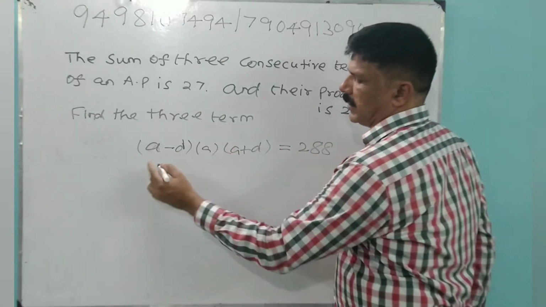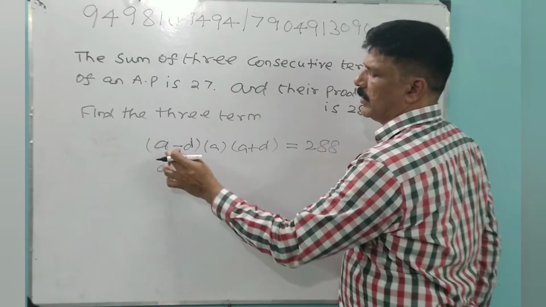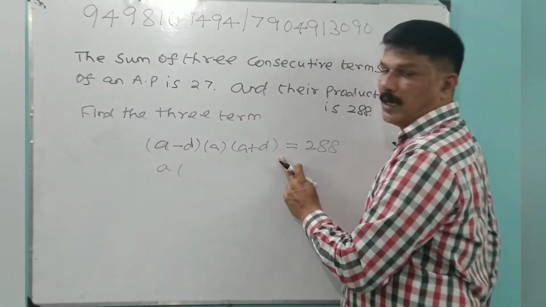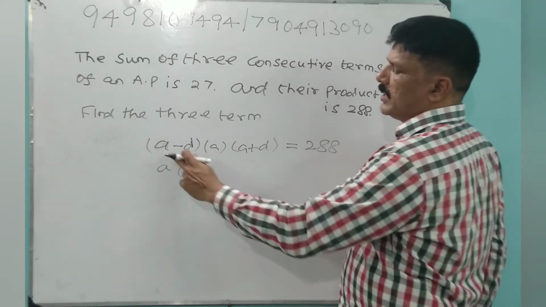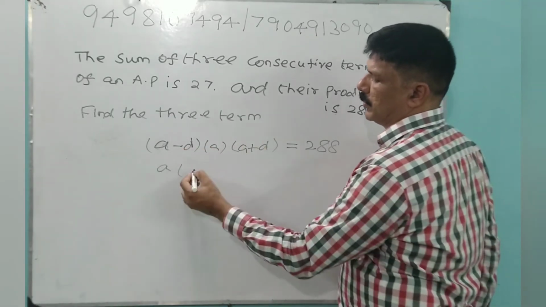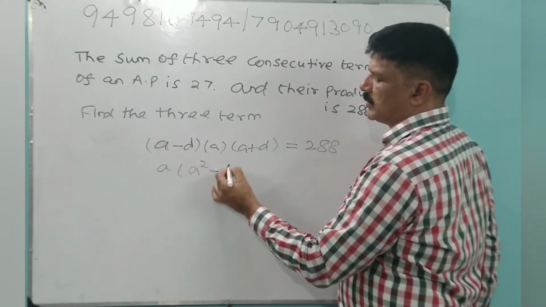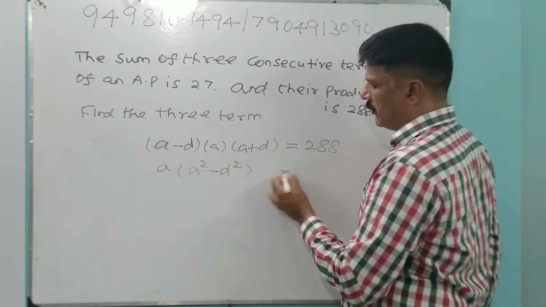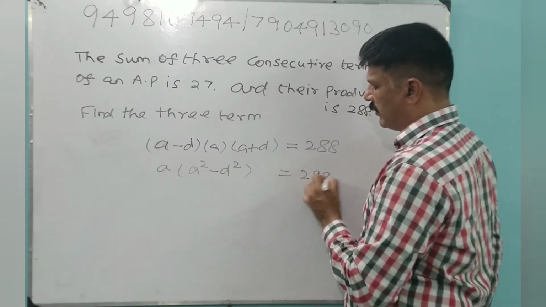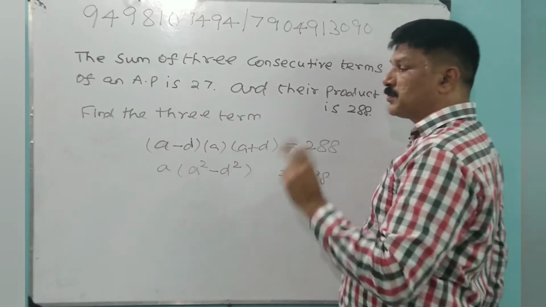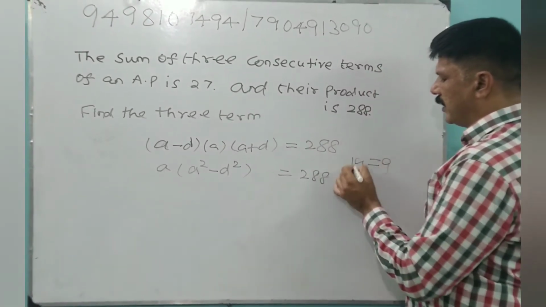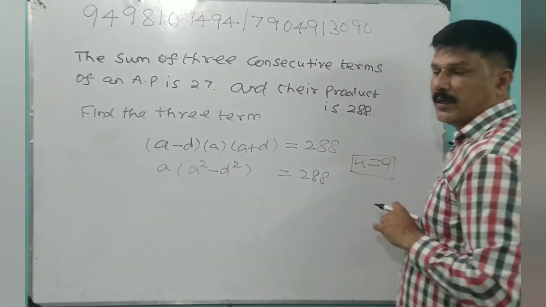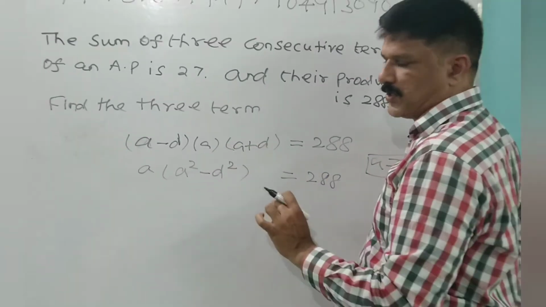So we take a first, then a minus d into a plus d. Already we know a plus b into a minus b is a square minus b square. The same way, a minus d into a plus d equal to a square minus d square equal to 288. So we substitute the value of a equal to 9.